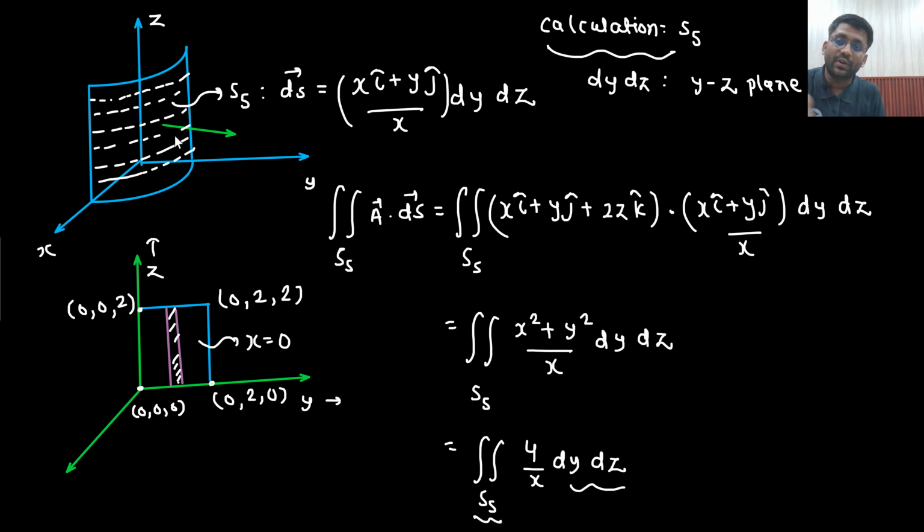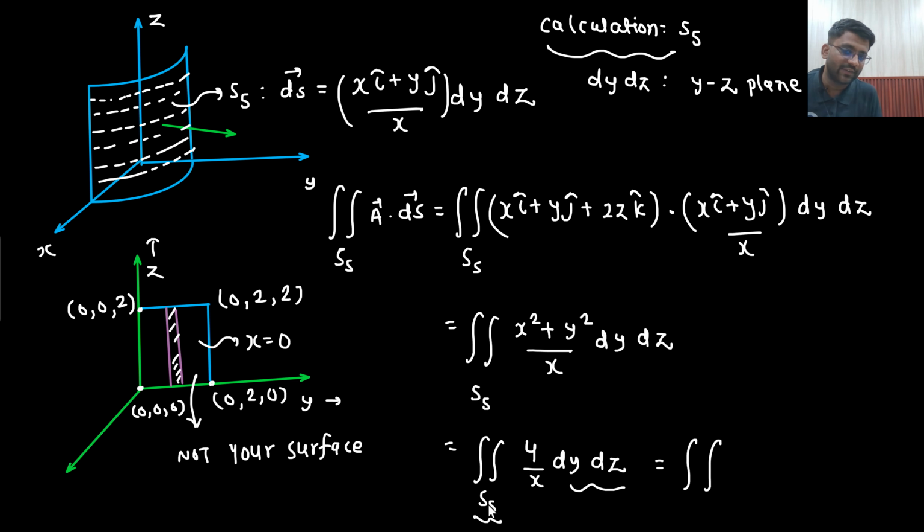But on the S5 plane, x is not equal to 0. The calculation is going on the S5 plane. The projection you took just for the limit purpose, so that I will be able to write down the limit. It is not your calculation surface. Are you able to understand this point?